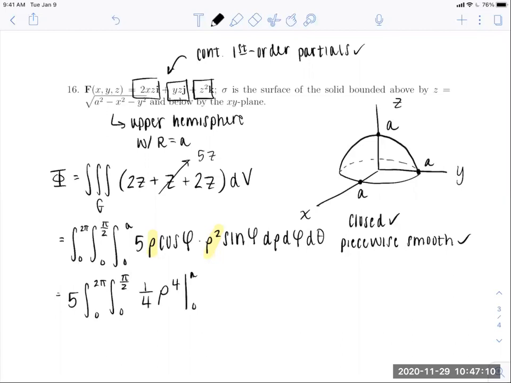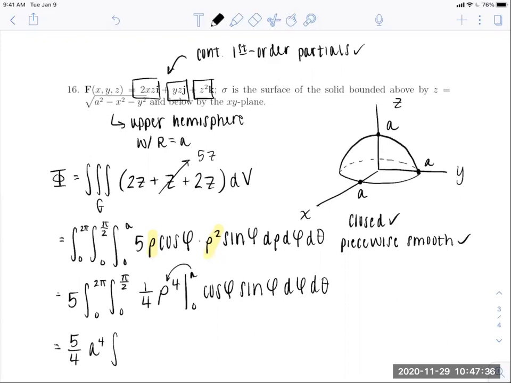And then I still have my cosine phi sine phi d phi d theta. All right, so we know that we're going to plug in a for rho, and that's all just going to be a constant. So I'll just pull that out in front for the next step, 5/4 a to the 4th.